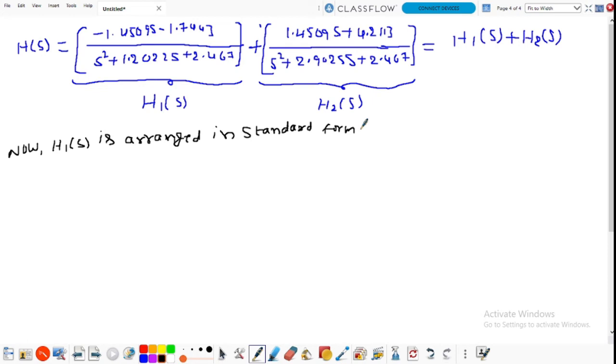The second property and the third property standard forms are S plus A by S plus A whole square plus B square, and B by S plus A whole square plus B square.